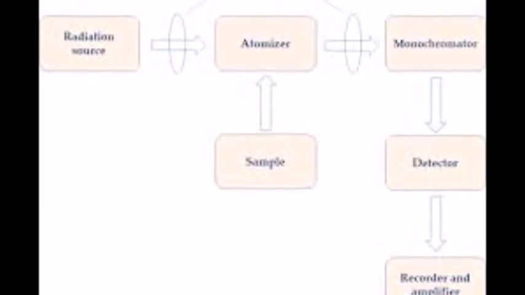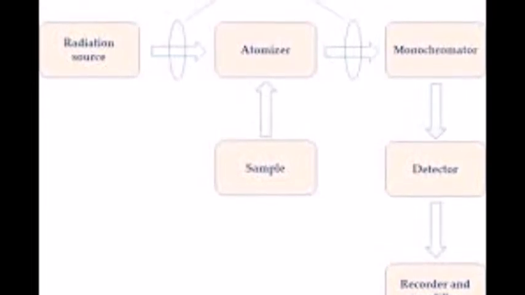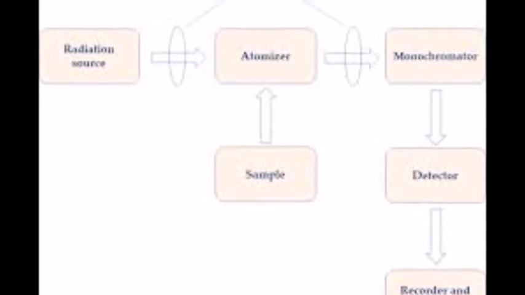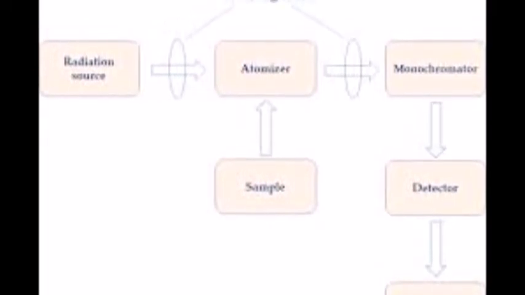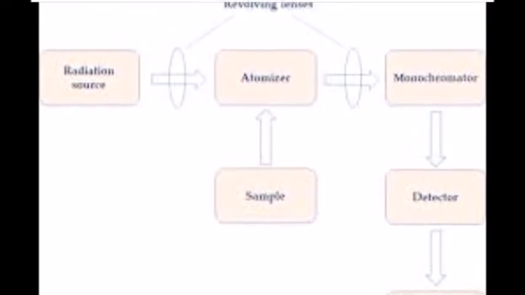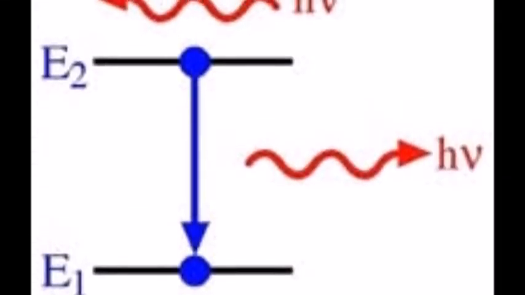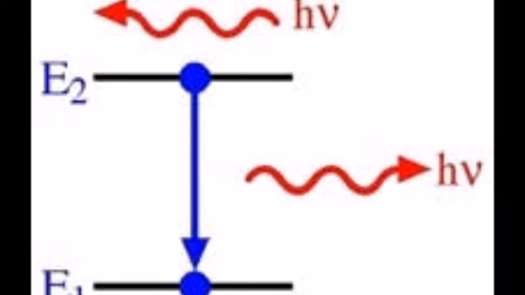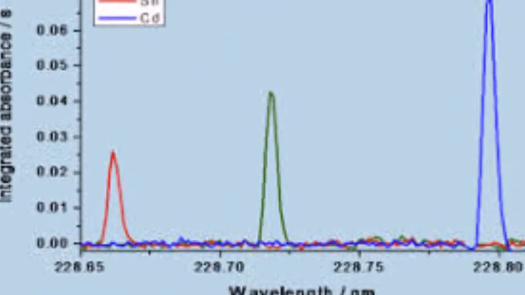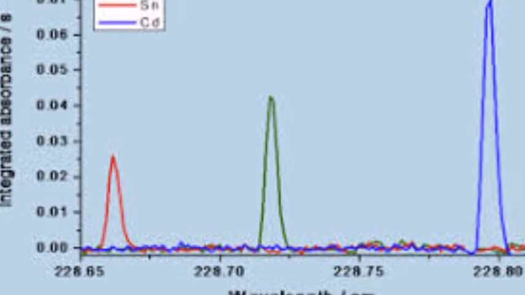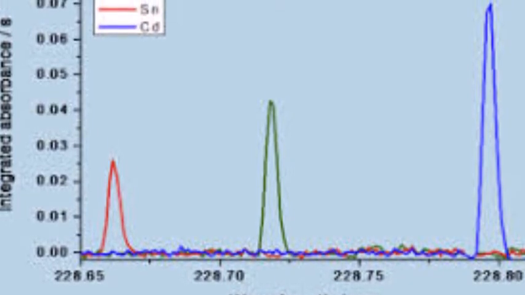This excitation leads to a transition to a higher level and then to a lower energy level, and this higher to lower energy level transition releases the energy in the form of light. This emitted light is further read by a sensor located at the end of the instrument.